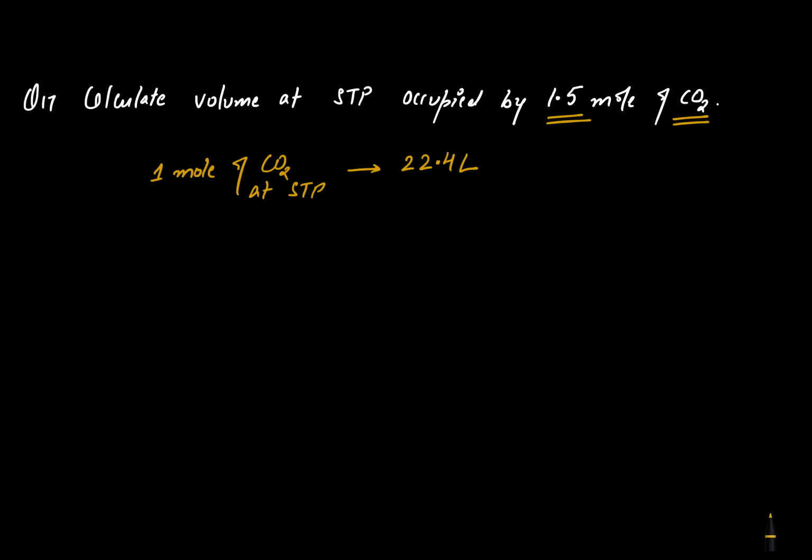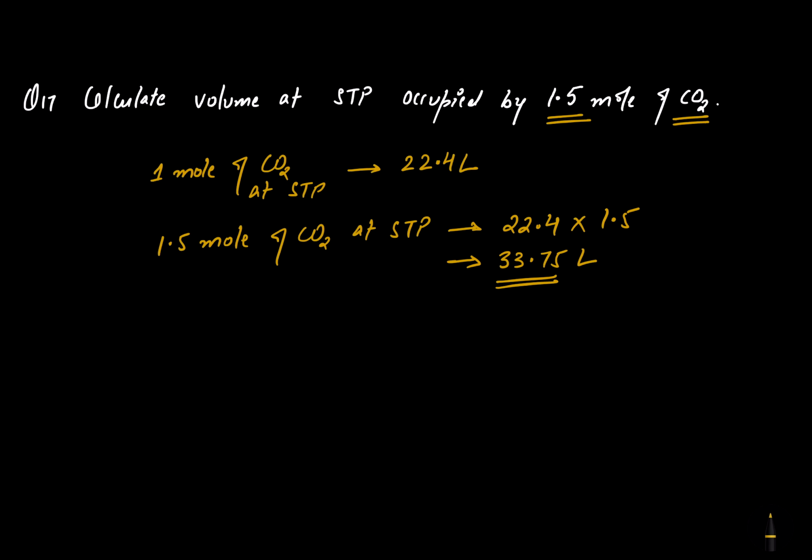Then 1.5 mole of CO2 at STP will occupy 22.4 into 1.5, and it comes out to be 33.75 liters. That's the volume of CO2, 33.75 liters, which 1.5 mole will occupy. So it was a very easy numerical. Now I am moving to the next one.